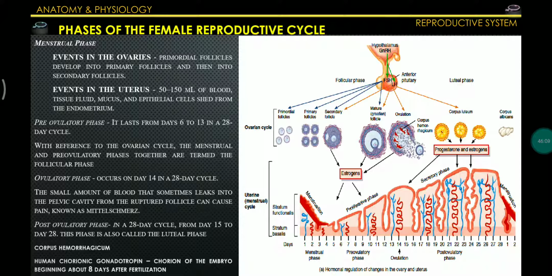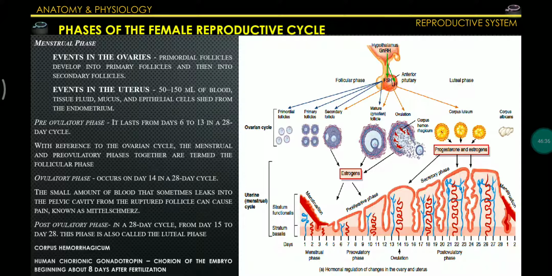The next one is the ovulatory phase. The ovulatory phase occurs on the 14th day, exactly half of the cycle, in a 28-day cycle. During the release of the ovum, a small amount of blood is released into the pelvic cavity, which symbolizes the ovulatory phase.